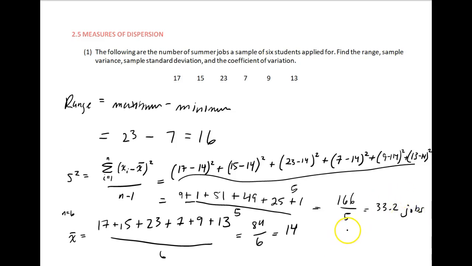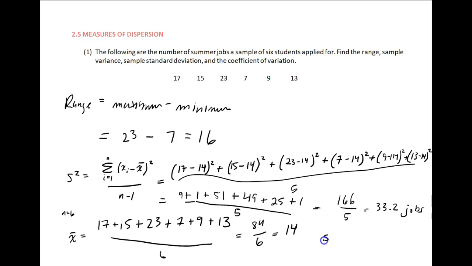And then the formula for our sample standard deviation: our sample variance, which is called S squared, is 33.2, okay, 33.2 jobs squared. And the formula to get sample standard deviation is just to take the square root of that.